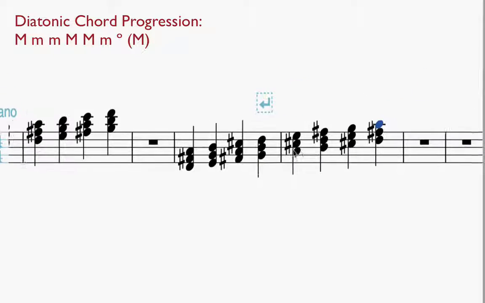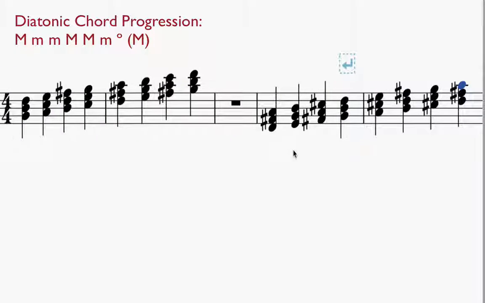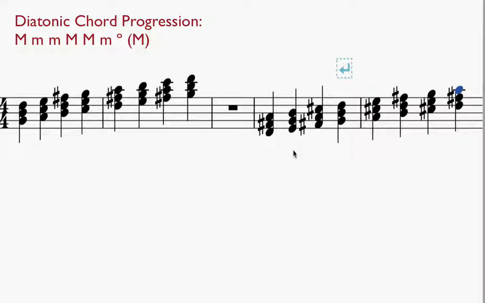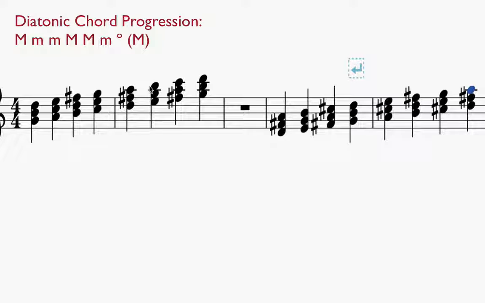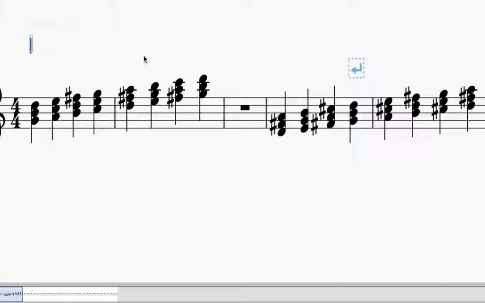So here is my diatonic chord progression in D. So here it is in G, here it is in D. So let's look at what's different, right? Let's just notate what chords we have here. Okay, so my possible chords are G major, A minor. I'm just going to write down the names of the chords.